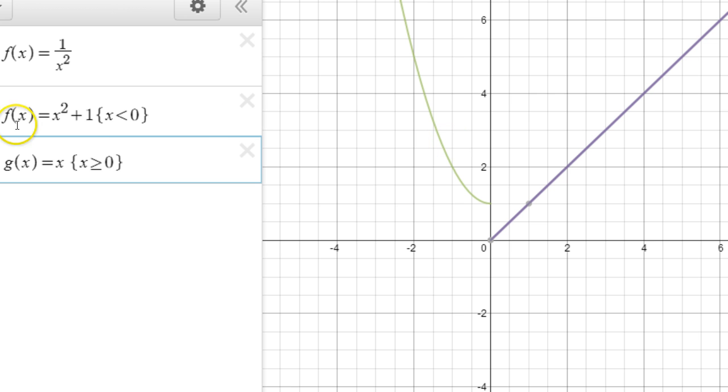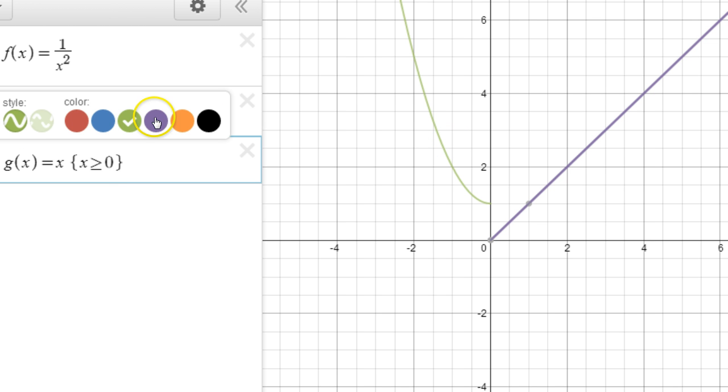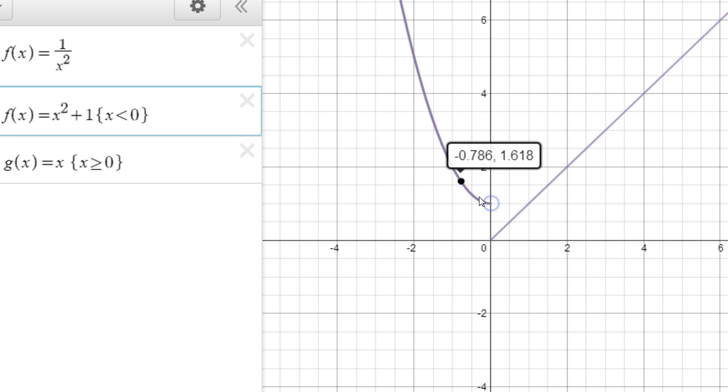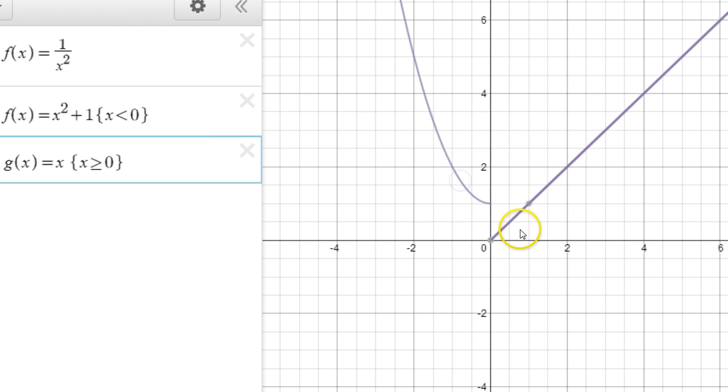Now I have to do the same color. Right here we have two parts. It's pretty continuous, not picking up my pencil as I'm drawing, and then all of a sudden I get to undefined. That's not good. Now I have to pick up my pencil, move it down, start here, and then continue drawing up. So this is called a jump discontinuity. It's like I jumped from one graph part to the other.